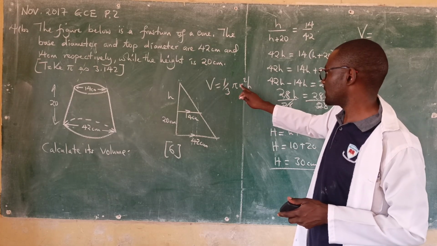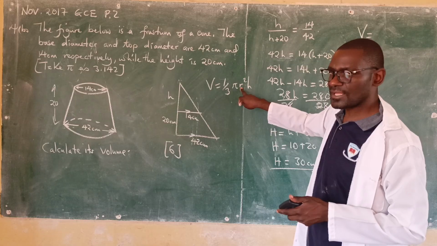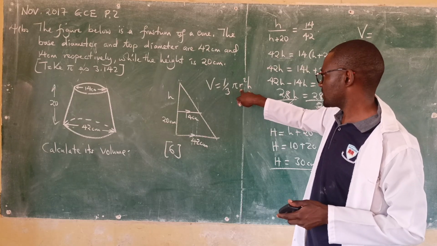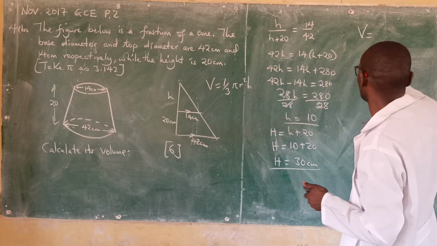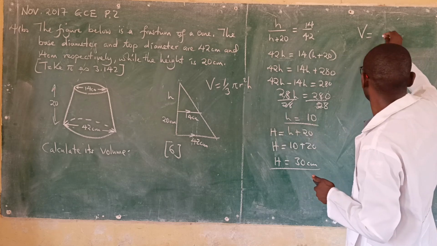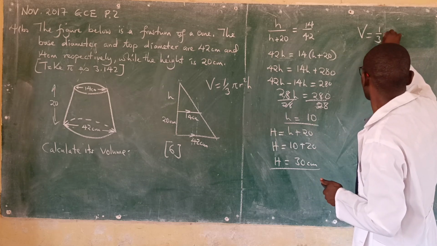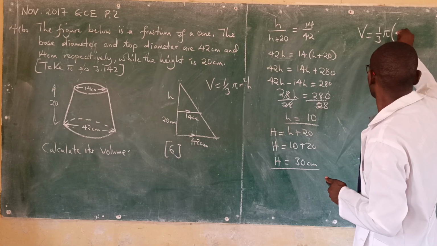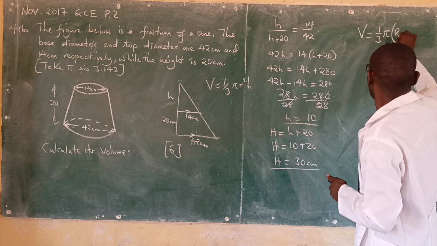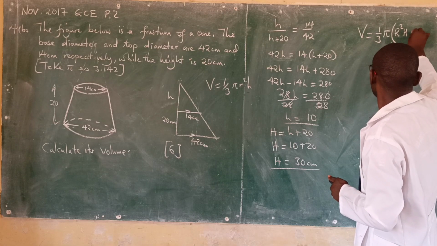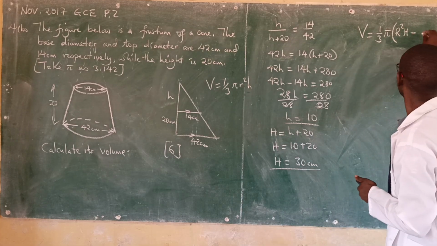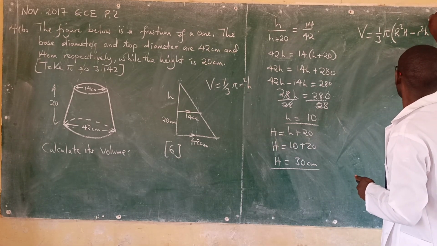Then what will be different will be the r for the larger one and the h. Those will be different with the smaller one. So we just have a formula in this form: 1/3 pi, open brackets, for the larger one, r squared h, minus for the smaller one, r squared h.